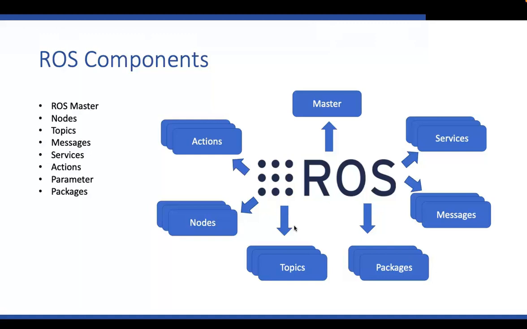So we can subscribe to these topics and get all the information. If you want robot A's velocity, you subscribe to robot A's velocity topic, and similarly for robot B's velocity, and then we get information about these two robots through these topics. So information is published on the topics, and then you subscribe to it.